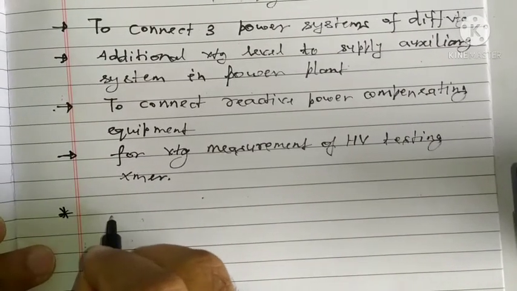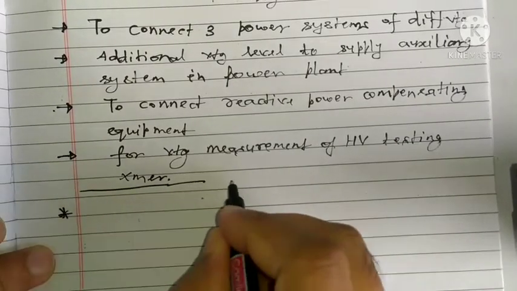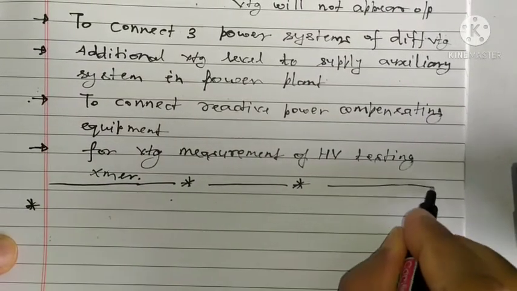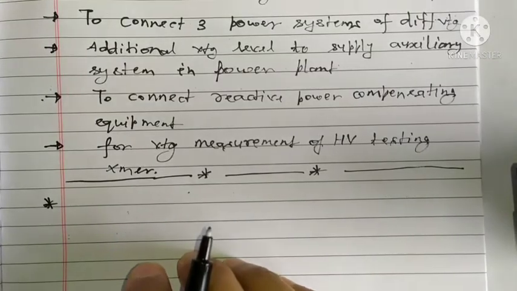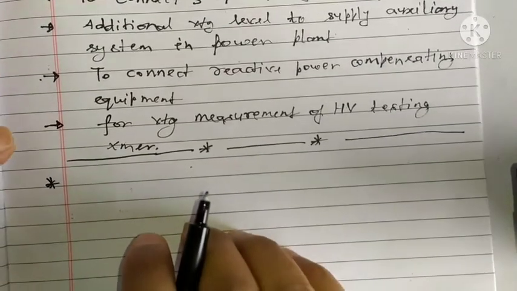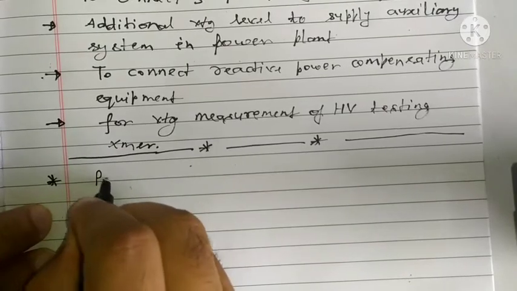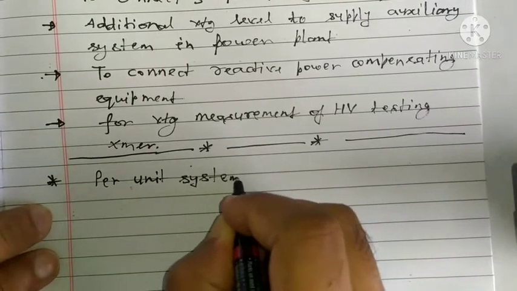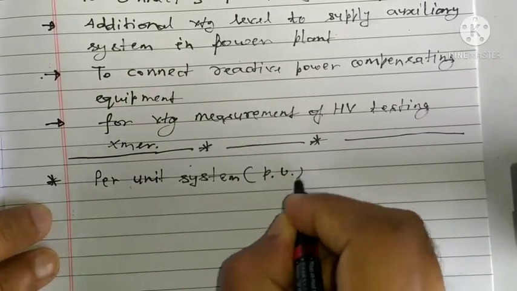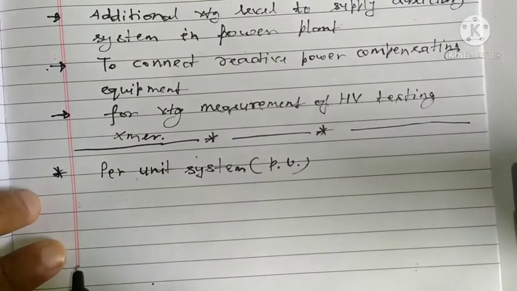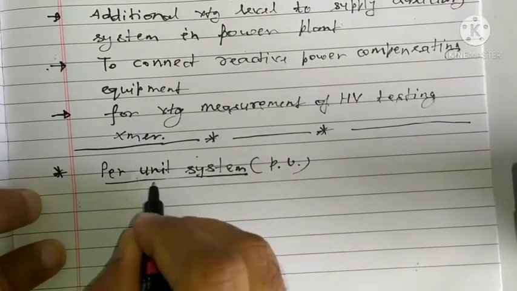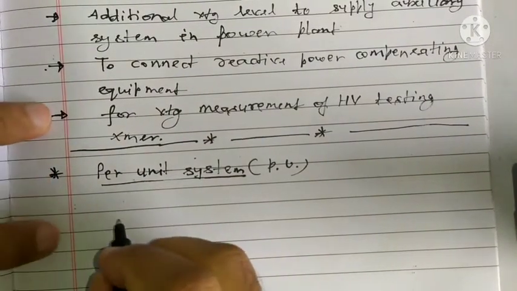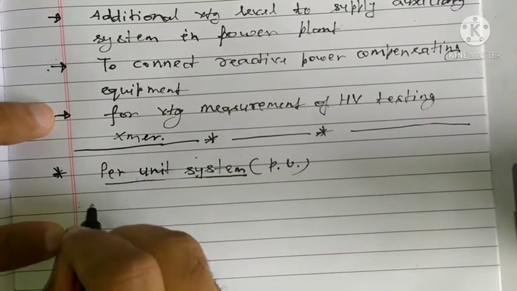Let us see one important concept for solving various numericals which are there in syllabus. Per unit system, per unit written as PU, right? So what is per unit system? Per unit system is used during analysis of electrical machine and power system circuit.